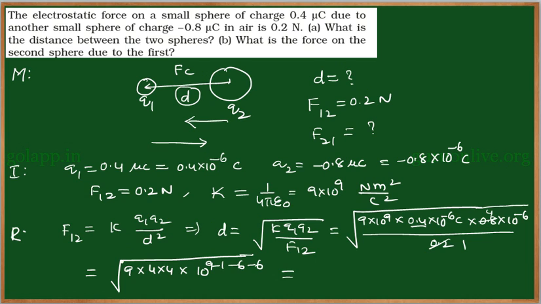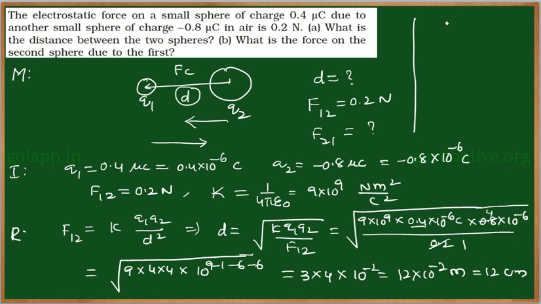So the root of 9 is 3, times 4 times 4, root is 4, and here 10 to the power of 9 minus 13, so we will get minus 4, and the square root of 10^-4 is 10^-2, that is equal to 12 × 10^-2 meters, or we can write 12 centimeters. So the distance between two centers of the objects is 12 centimeters.